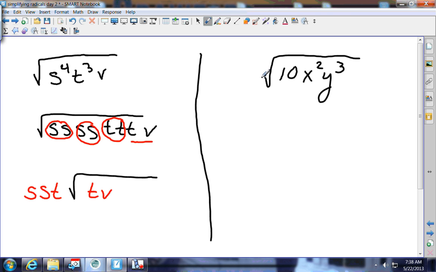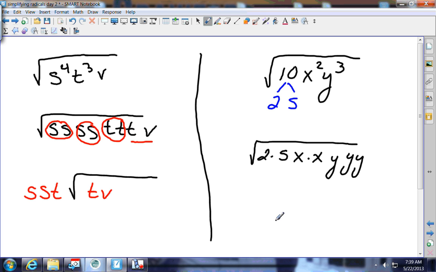Now, up here on this one, 10 breaks up into, you have to do the numbers the same way we've been doing, as 2 and 5. So if I wrote it all out in expanded form, I'd have 2 times 5, x squared is x times x, y to the 3rd, 1, 2, 3.